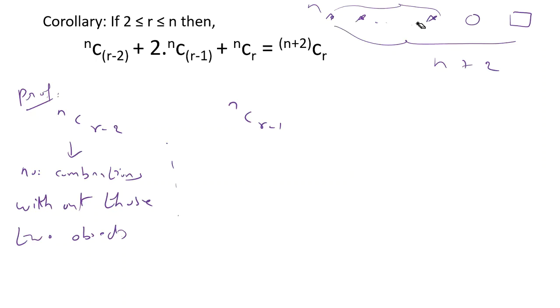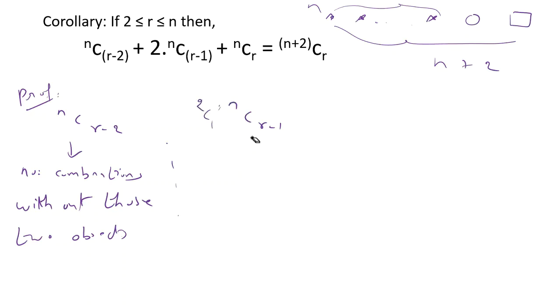I am selecting only r minus 1 objects. So I have to select one more object. I can select one more object from these two in 2 choose 1 ways, which is 2 choose 1 times this one. 2 choose 1 is nothing but 2.